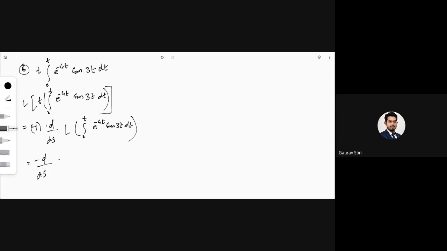Since there is an integration, we will have 1 by s and Laplace of whatever is inside the integral, e to the power minus 4t sine of 3t. Now e to the power minus 4t into f of t is there, so we'll use the first formula. By the first formula, we will have d by ds in bracket 1 by s, curly bracket Laplace of sine of 3t. Whatever answer turns out, replace s by s plus 4.